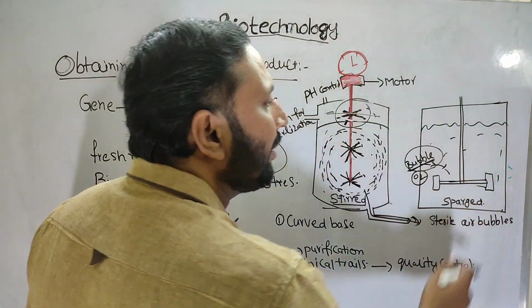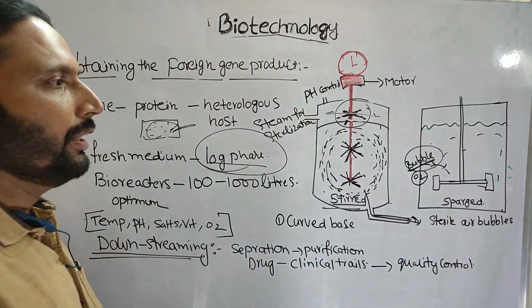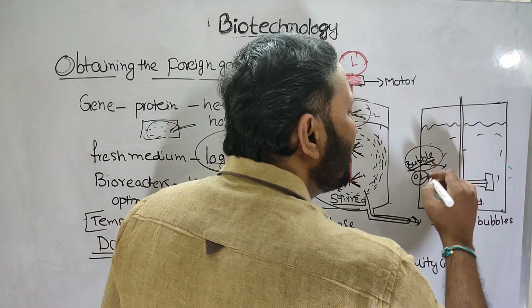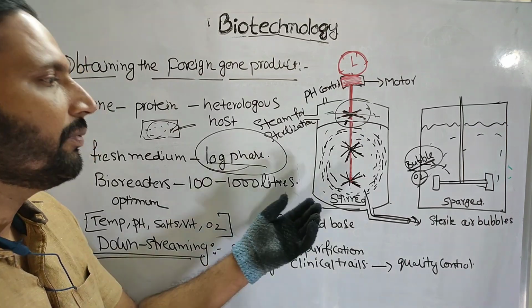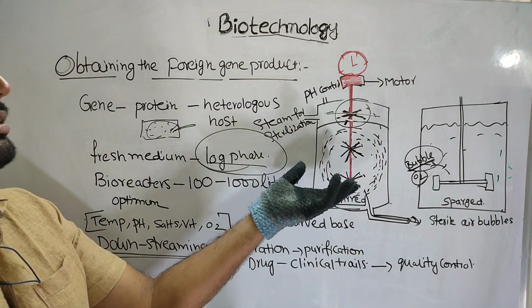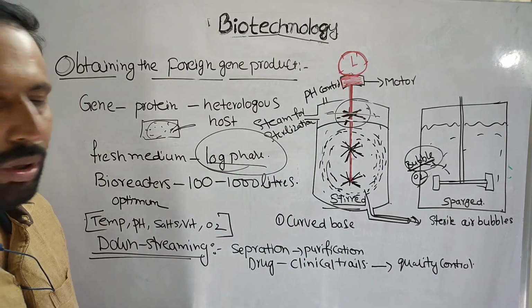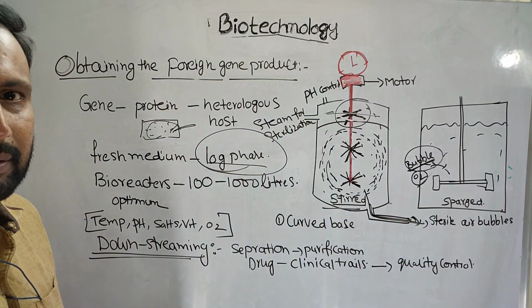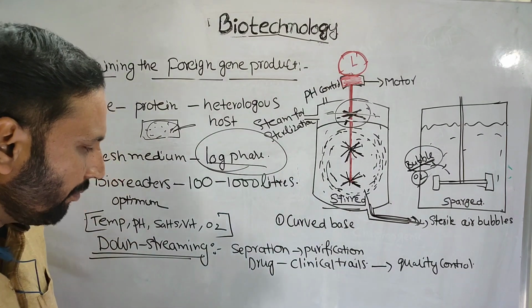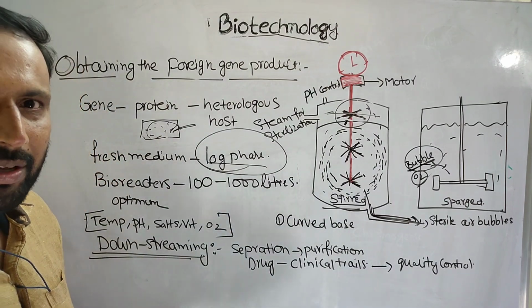And look at the sparged bioreactors. In these, the bubbles increase the oxygen percentage. With the proper culture mechanism, the bacterial cells can grow, so the products can be extracted through bioreactors. Finally, when the product is formed, that is called the downstream process.